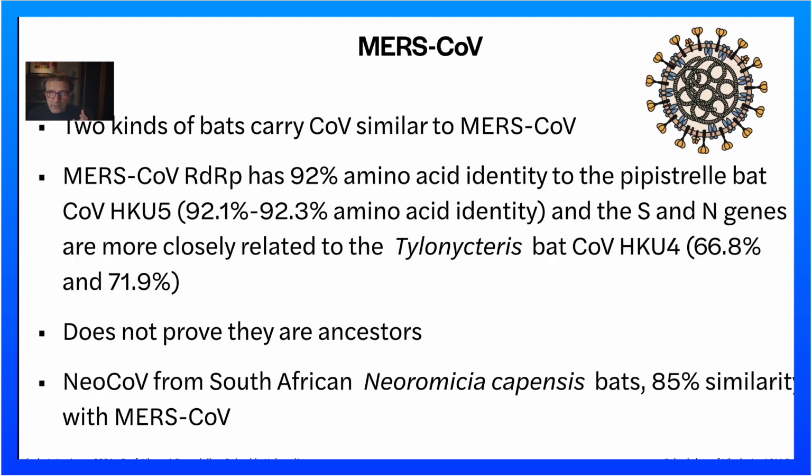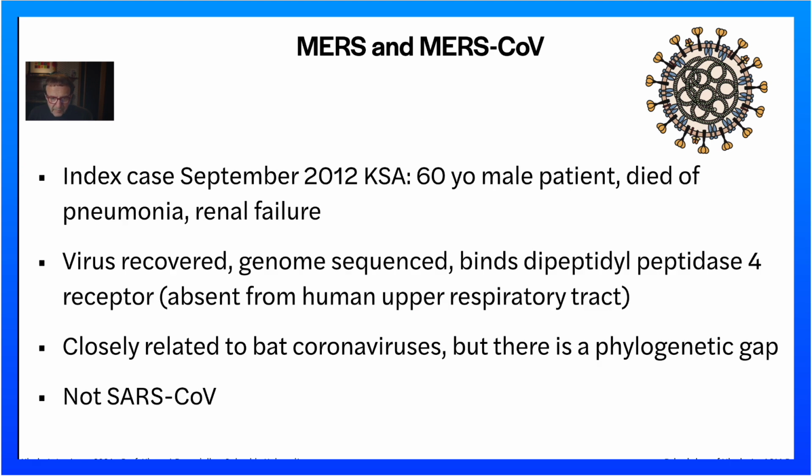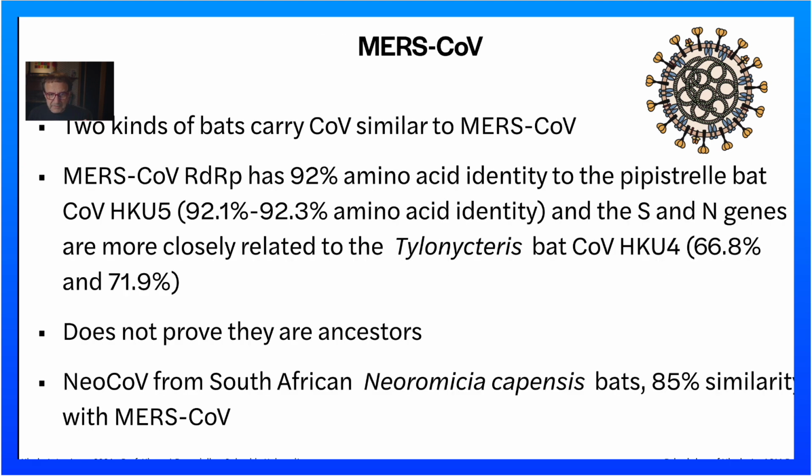So in terms of the origin, two kinds of bats carry coronaviruses similar to MERS coronavirus. The RNA-dependent RNA polymerase of MERS-CoV has 92% amino acid identity to the pipistrelle bat HKU5, and the S and the N genes are more closely related to a different bat virus, HKU4. But it doesn't prove that these are the ancestors of MERS-CoV. It just says they share a common ancestor.